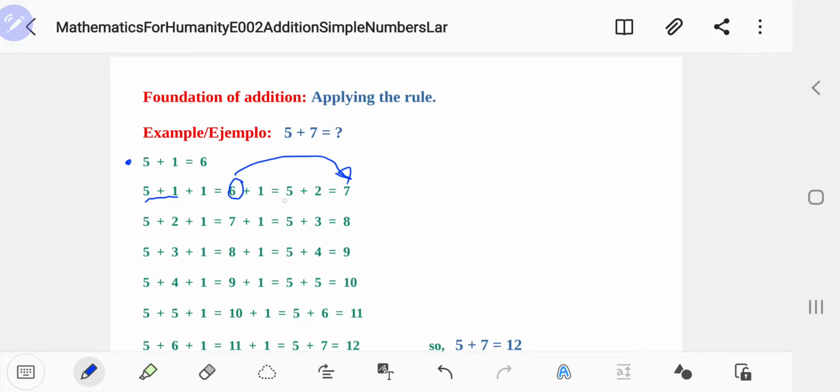But this could also be 5 plus, if you add 1 plus 1 gives you 2. So this one is also correct. Okay. The next one.